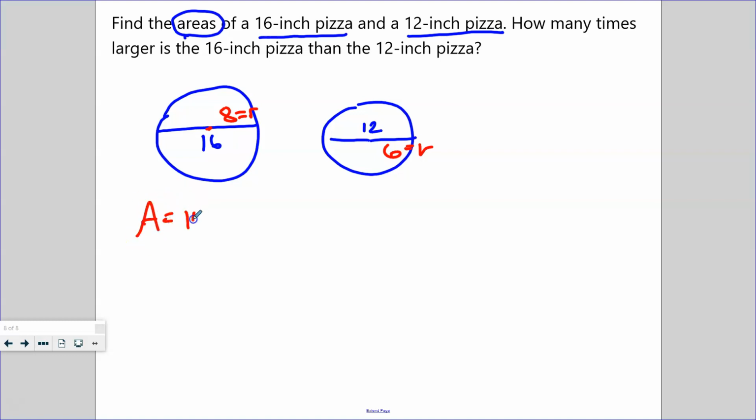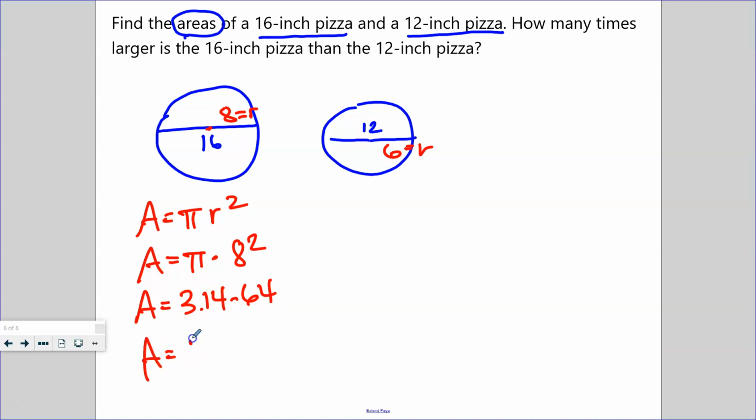So A equals pi R squared. Area equals pi times 8 squared. Area equals 3.14 times 64. And area equals 200.96 inches squared.